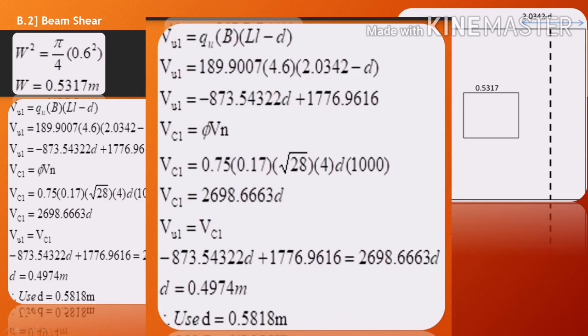So, negative 873.54322 D plus 1776.9616 is equal to 2,698.6663 D, which gives us the value of D, which is 0.4974 meters. Therefore, use D is equal to 0.5818 meters.